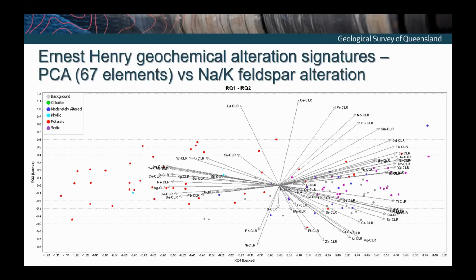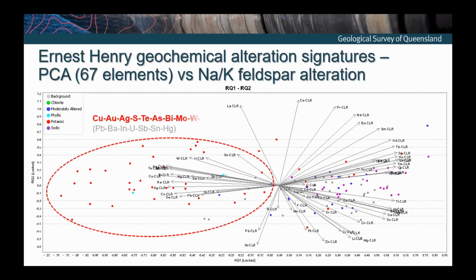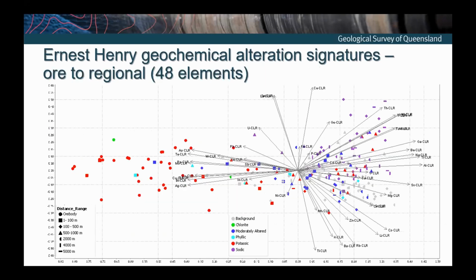To put it into geochemical context, the typical polymetallic signatures are characterized overwhelmingly by potassic alteration, potassic feldspar alteration as interpreted from multi-element geochemistry. And here is a different view of the same data, also painting on this diagram the distance to the ore shell.